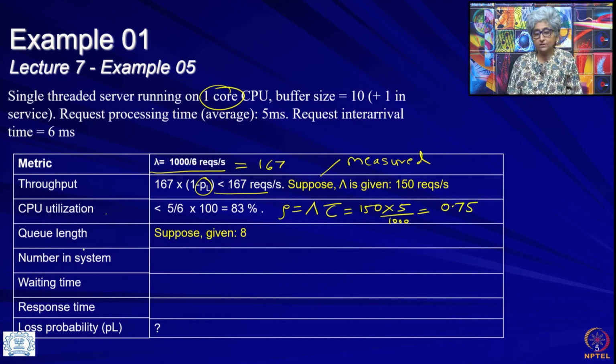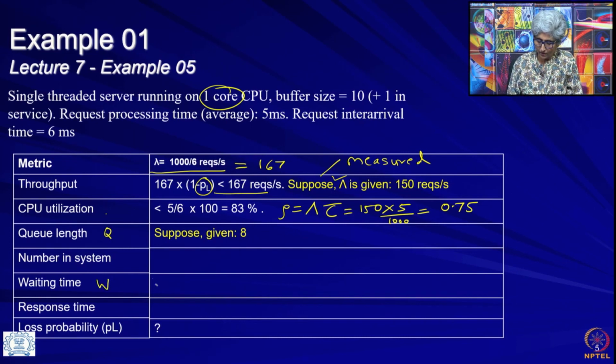Now again, between queue length and waiting time, or number in system or response time, we need 1. We do not know yet how to calculate both. We know the relationship between n and r and lambda, but we need 2 out of those 3 to calculate the third one. So, throughput is given, suppose queue length is also given, this is q. If we have been given q we can write w.